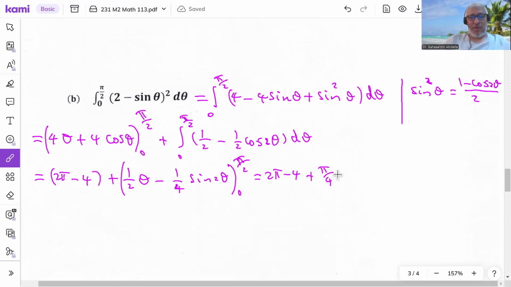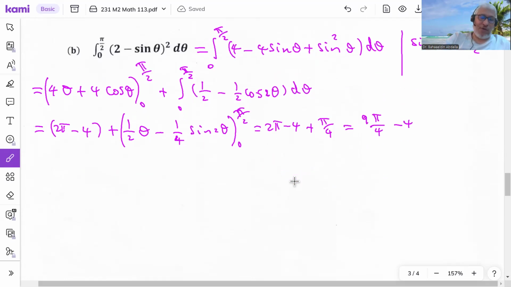So minus, replacing theta by 0 would be 0, and there is another minus, so this would be plus. Sine 0 is also 0. So that's the answer: 2 pi minus pi over 4, minus 4 plus pi over 4. I can leave it like this, or you can add these two and have 9 pi over 4 minus 4, because this is 8 over 4 plus 1 over 4, 9 over 4.